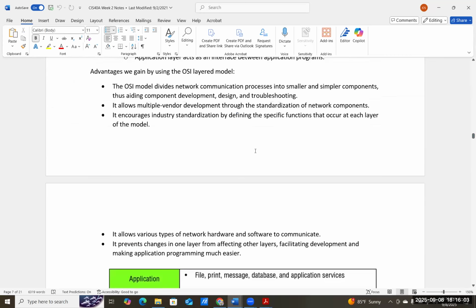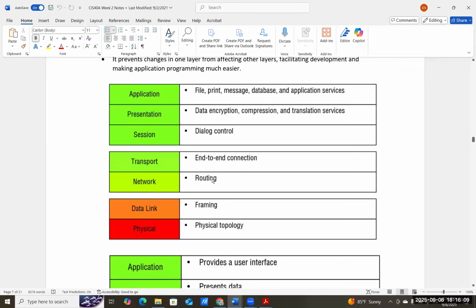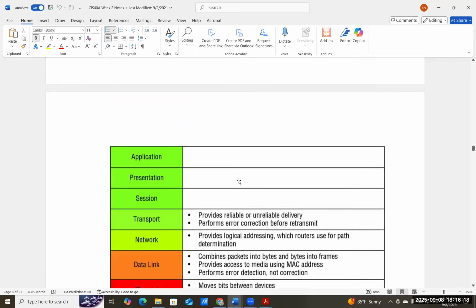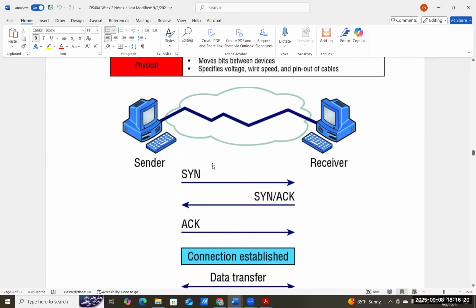But I want you to spend the time, if you have time later this week, to look through the OSI, right? I give you some images. It talks about the functionality of each of the layers, which device handles each layer, and then the SYN ACK happens here, okay?